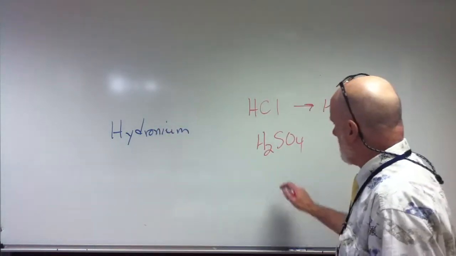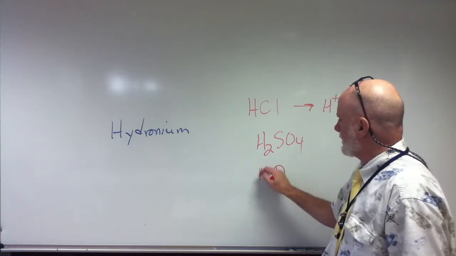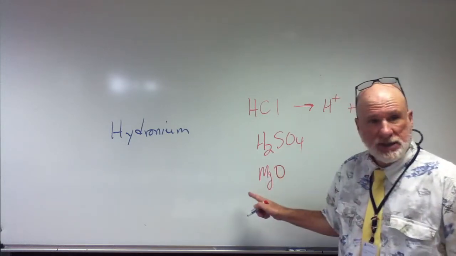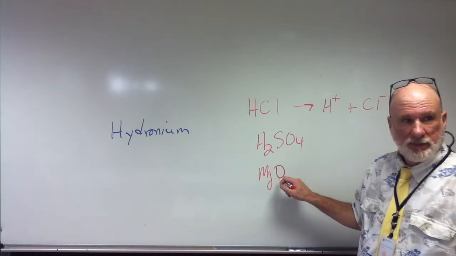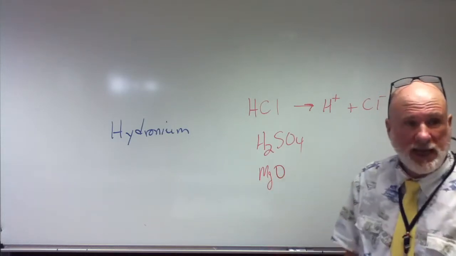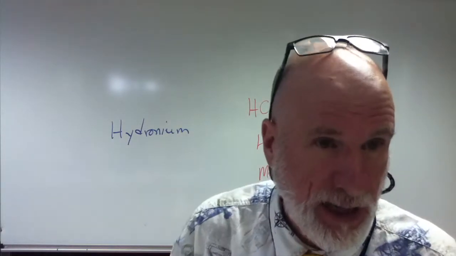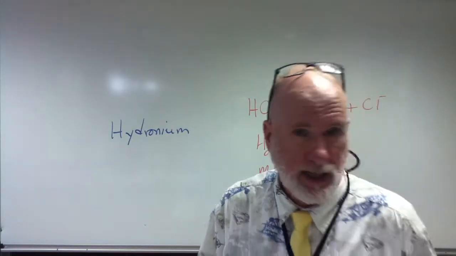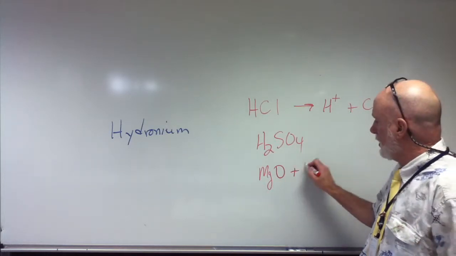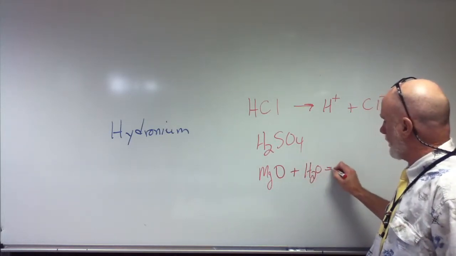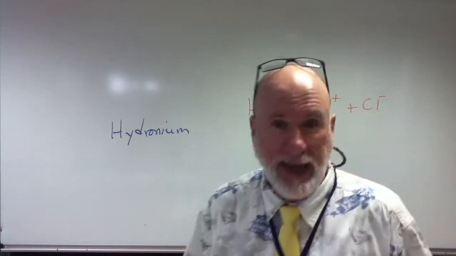We think of a base as, for instance, I go over this in another film, magnesium oxide, which is a base anhydride, right? And we say, this is our language, when you combine that with water, you form a base, don't we?